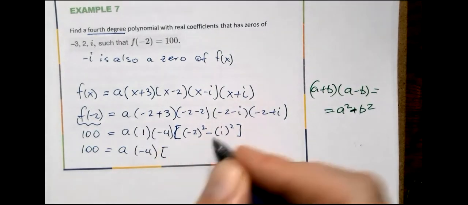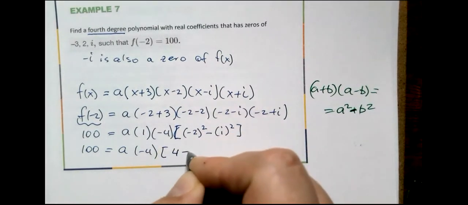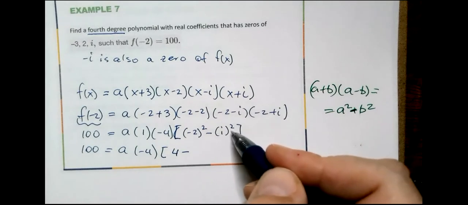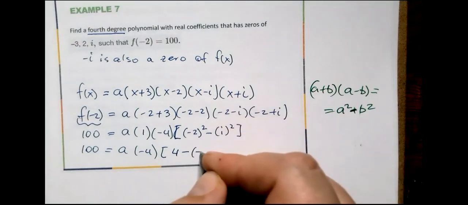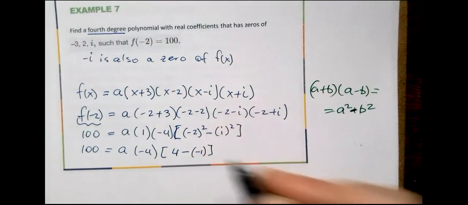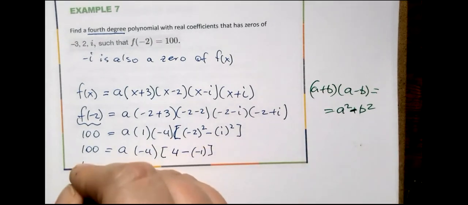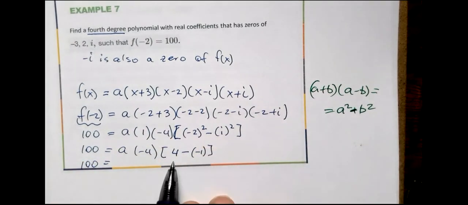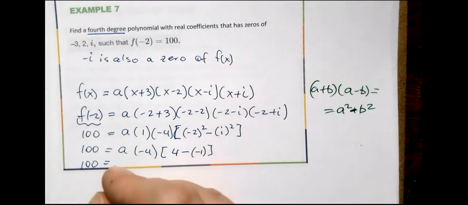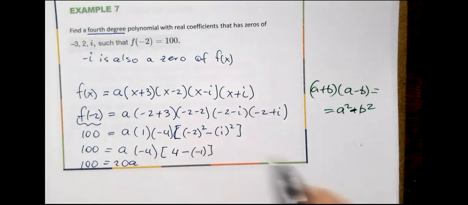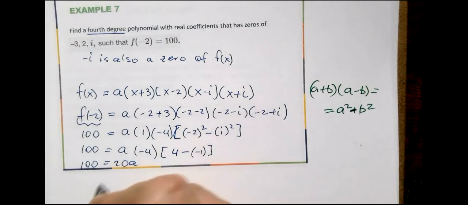Well, we have 4 minus, and i squared is -1, so it's actually plus 1. So we have 100 equals, now this is going to be 5 times the -4, 20. So this is 20a. And from here, we're going to conclude that a is 5.